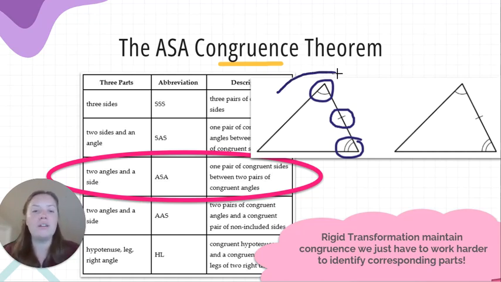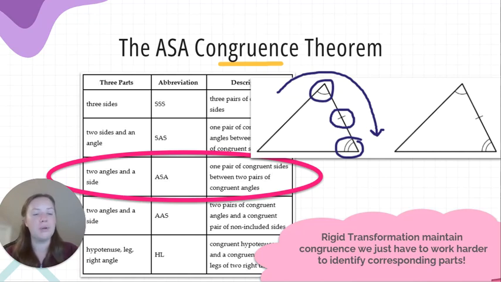So if we walk around our triangle, the angle, the side, and the next angle will be back to back to back. It can't be angle, side, and then the other angle being over here. We want them to be included in between each other.